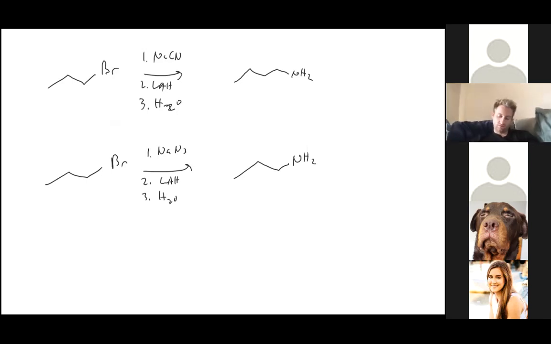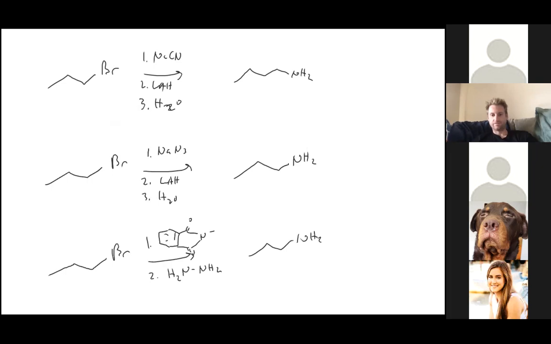Or alternatively, we can go through a Gabriel synthesis, followed by hydrazine, to get to the same product here.